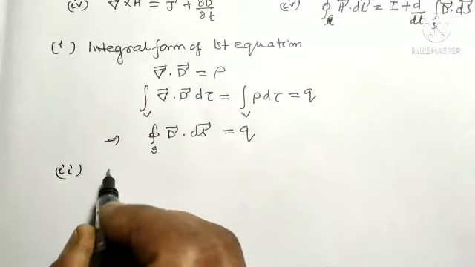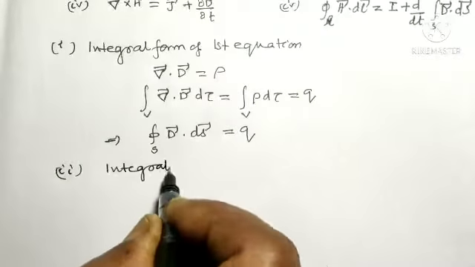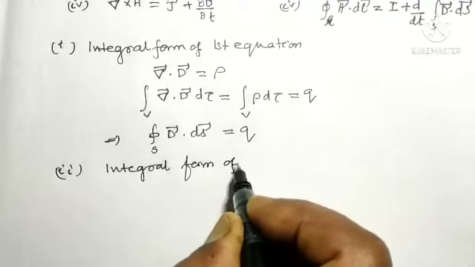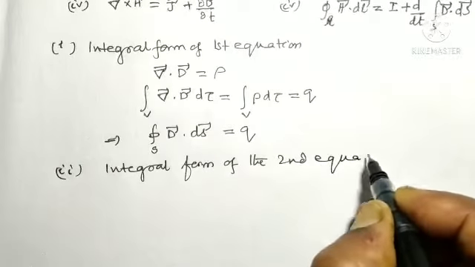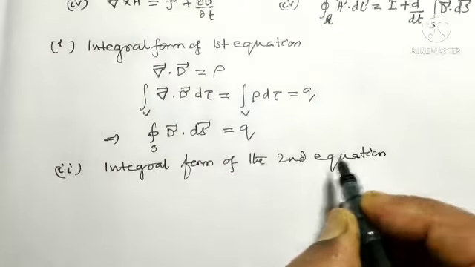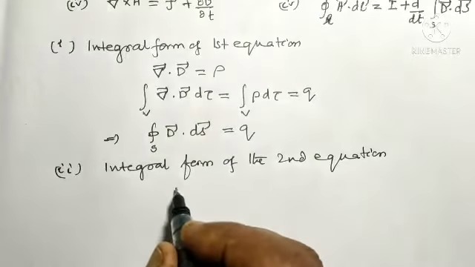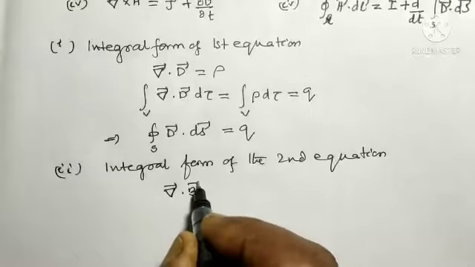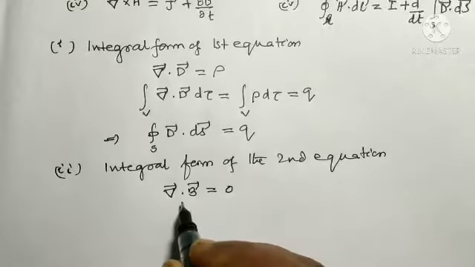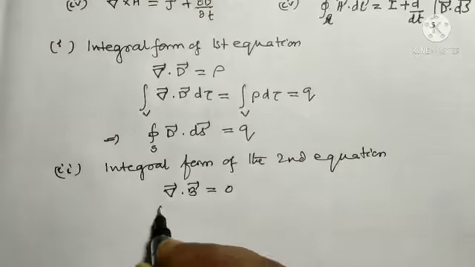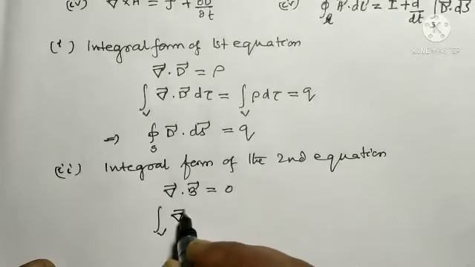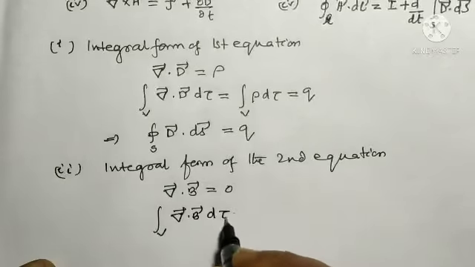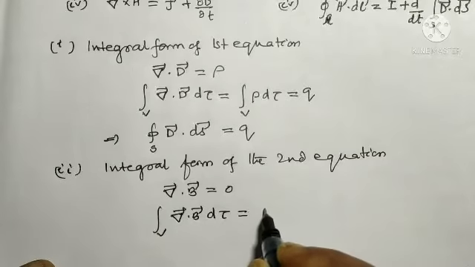Then second, integral form of the second equation. The differential form of second equation is div B equal to 0. Now integrating over a volume V, so integral over volume V of div B d tau is equal to 0.